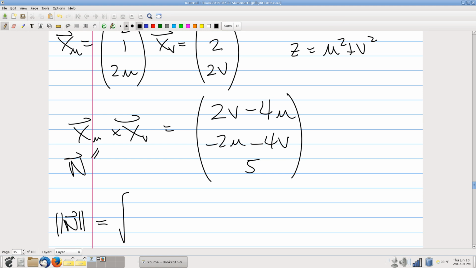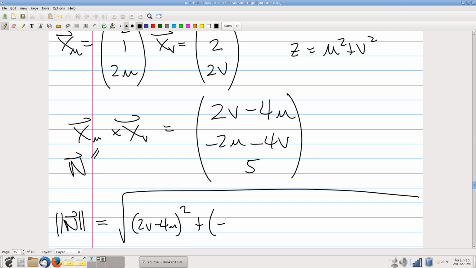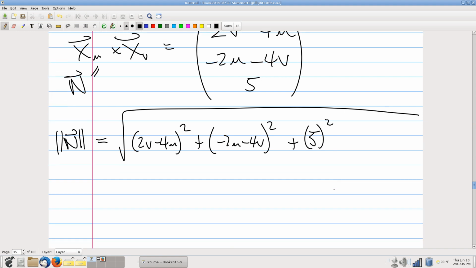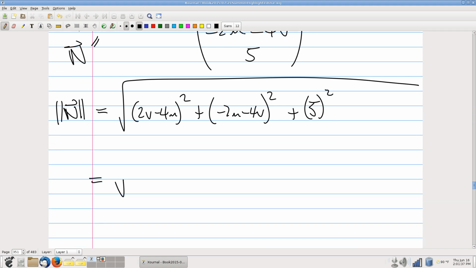Okay, so the magnitude of this. Well, I'm going to have the square root of (2v minus 4u) squared plus (minus 2u minus 4v) squared plus 5 squared, which is... Let me try to do this quickly just to save on a few pixels. I'm going to have 4v squared, and then another 16v squared, so altogether I've got 20v squared.